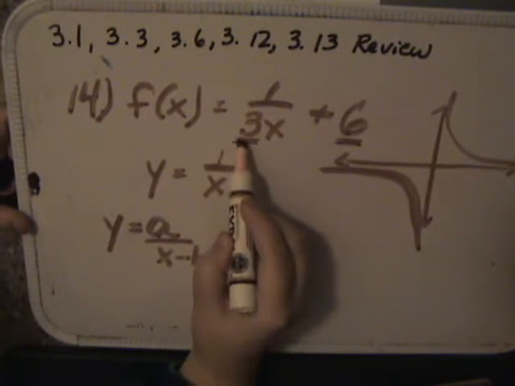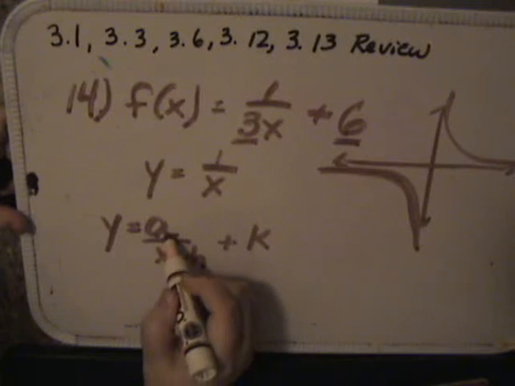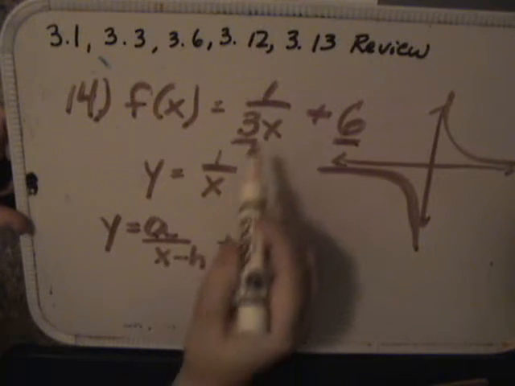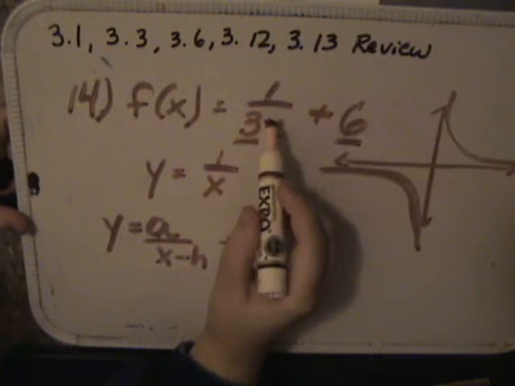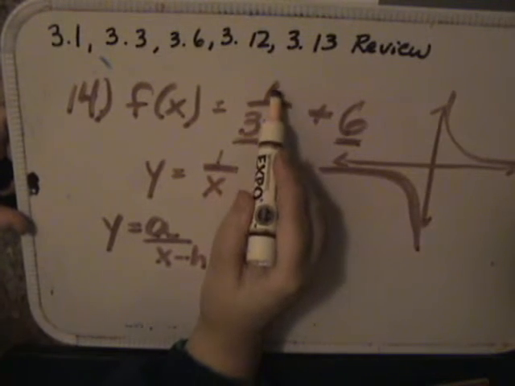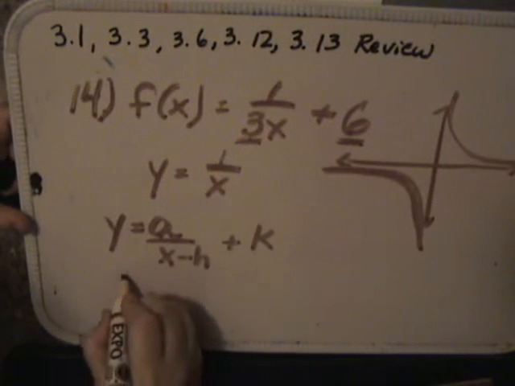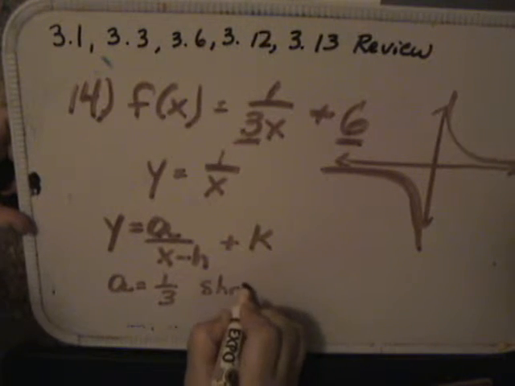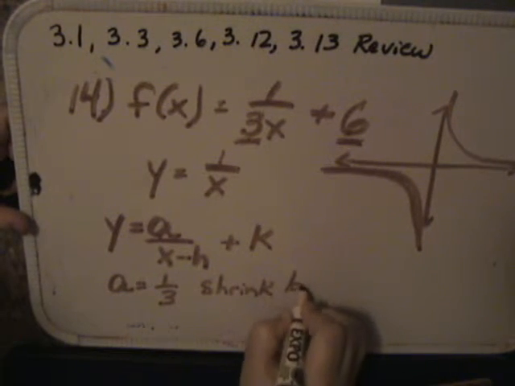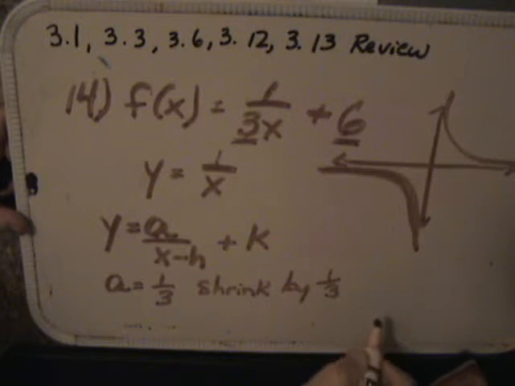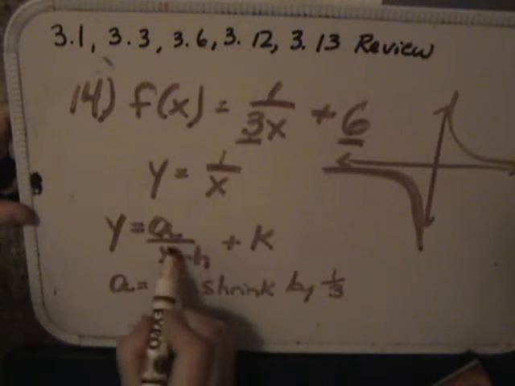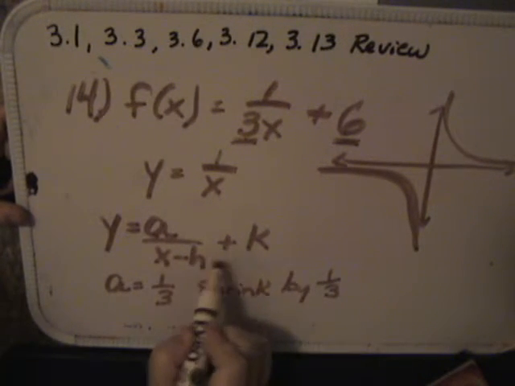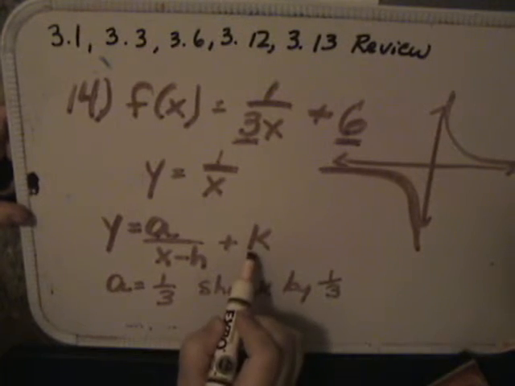So let's look at this. This 3 is part of my A. Now that A says it's on the front, on the top. So when A is on the bottom, that just means it's 1/3. So A is 1/3, so that means it's a shrink by 1/3. Now this 6 is not in the denominator next to H, but it's out all lonesome by itself.